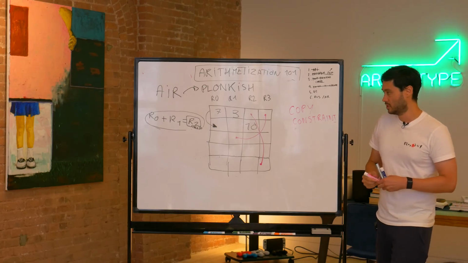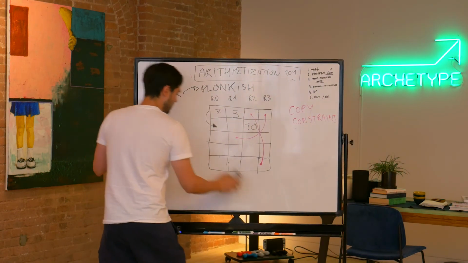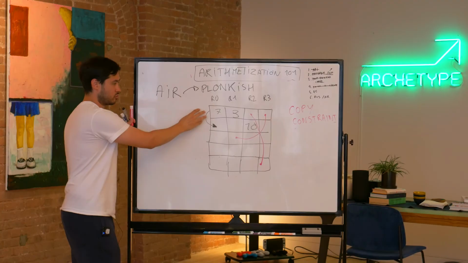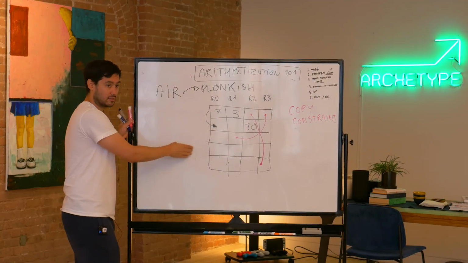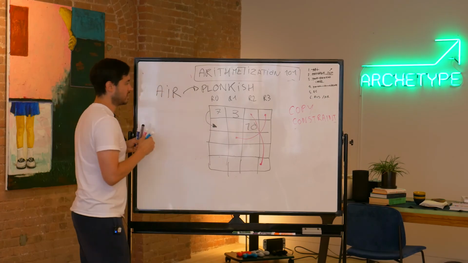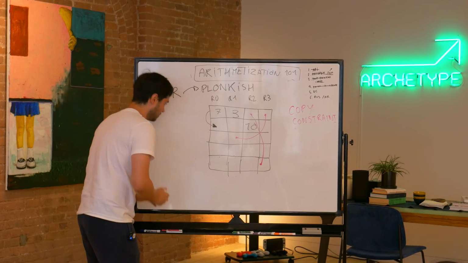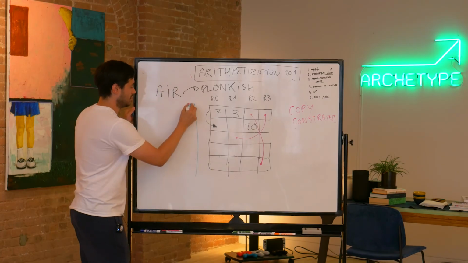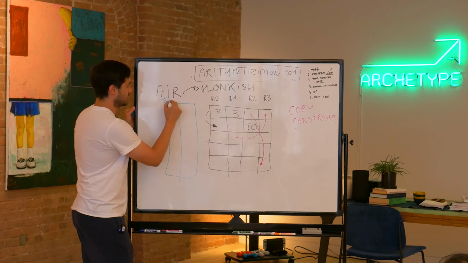The other thing that we're going to add is a way to have different constraints depending on the row you're at. The way they do it in Plonk is that they're going to have a bigger table. They're going to extend that table, and this table is called the selectors.